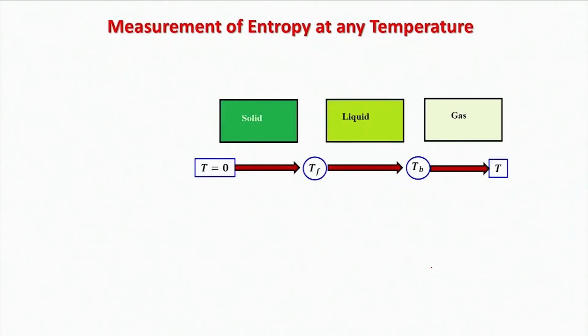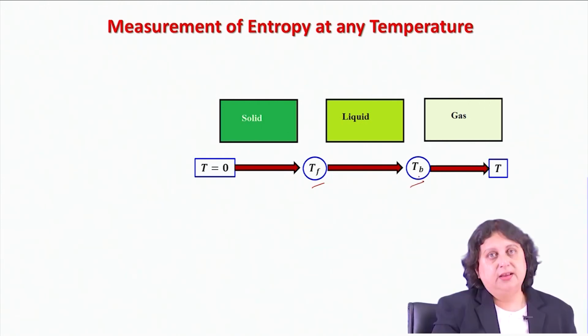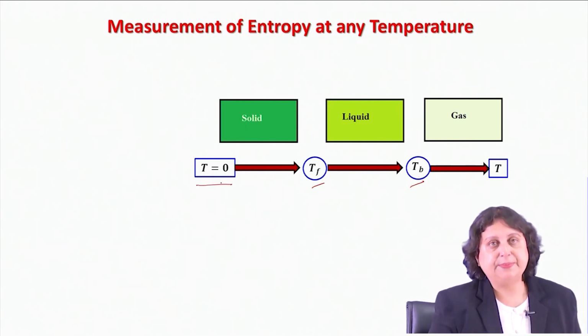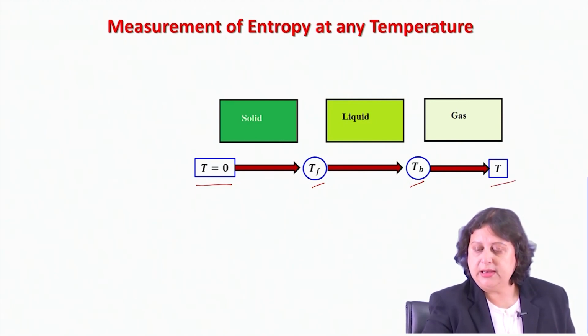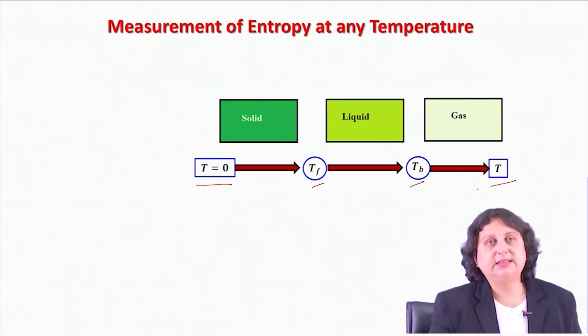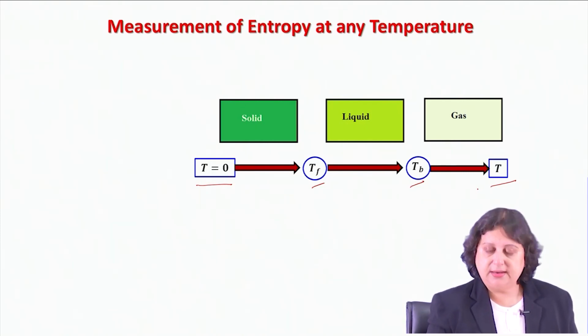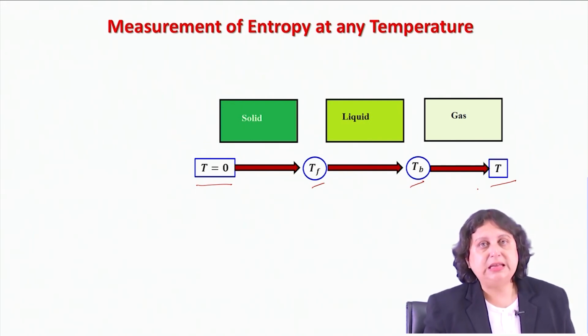So, for this purpose, let us consider heating up a solid, and then it becomes hotter, and then it goes into a liquid at a temperature Tf, and then we continue heating this liquid till at a temperature Tb it starts evaporating, turns into a gas. Therefore the entire experiment involves heating from the absolute zero temperature to any finite temperature T, such that the system has undergone a continuous change in state from solid to liquid to gas, and in the end we get a heated gas.